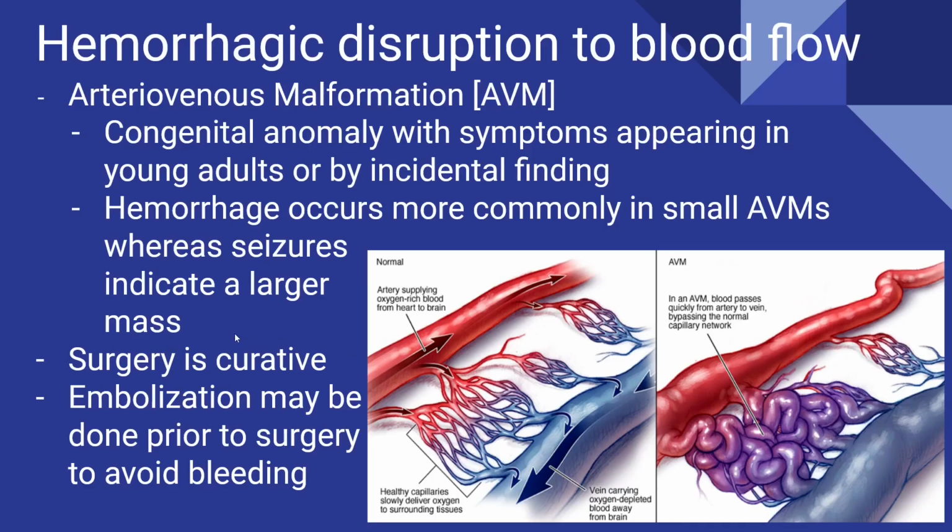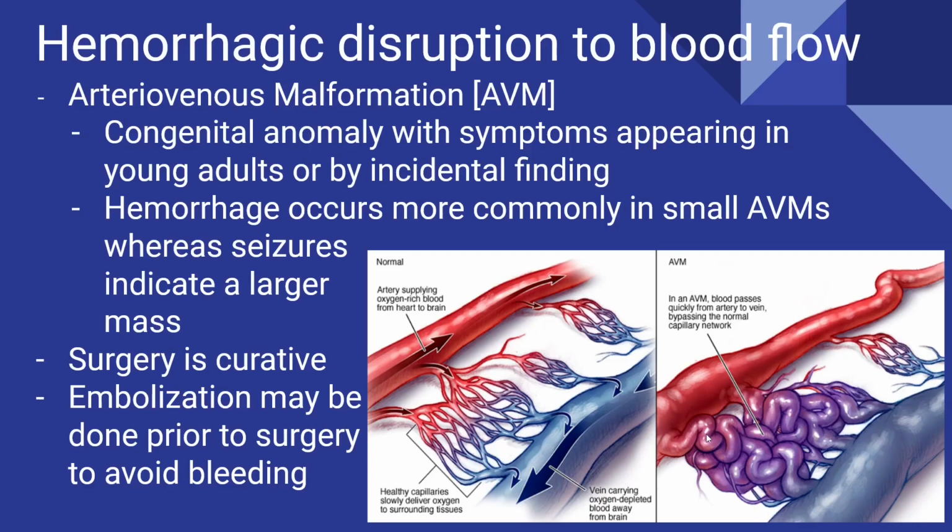So surgery is usually curative. If we can see this early in life, or at some point in life incidentally, then we'll cut it out. We'll go in surgically if it's not too deep and try to cut it out to prevent the incidence of it ever happening. Embolization may help by just preventing it from bursting until we can go into surgery.